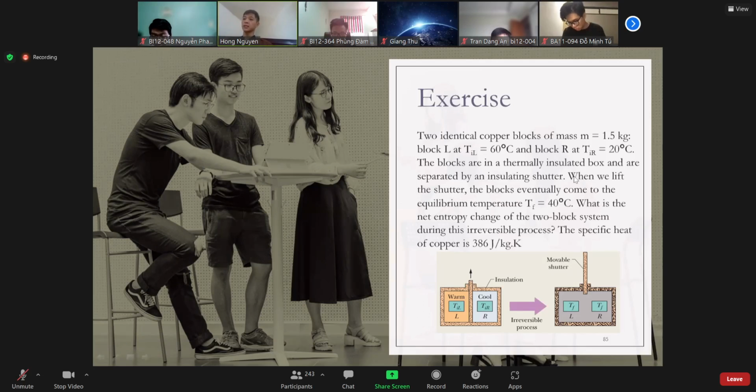When we release the shutter, we have an irreversible process. So the heat from TL, having higher temperature, will be transferred to TR, having lower temperature. At the end, we will have thermal equilibrium, and the final temperature is 40 degrees Celsius. Now we will need to find the net entropy change of the system of two blocks.